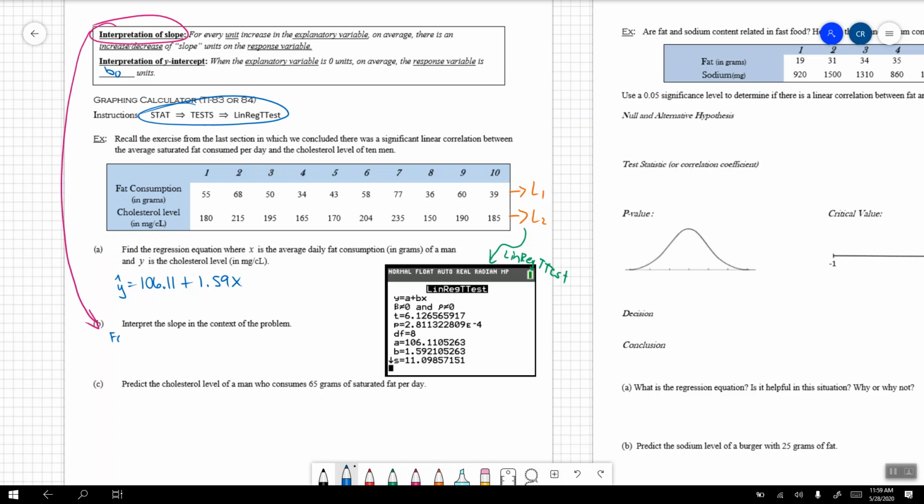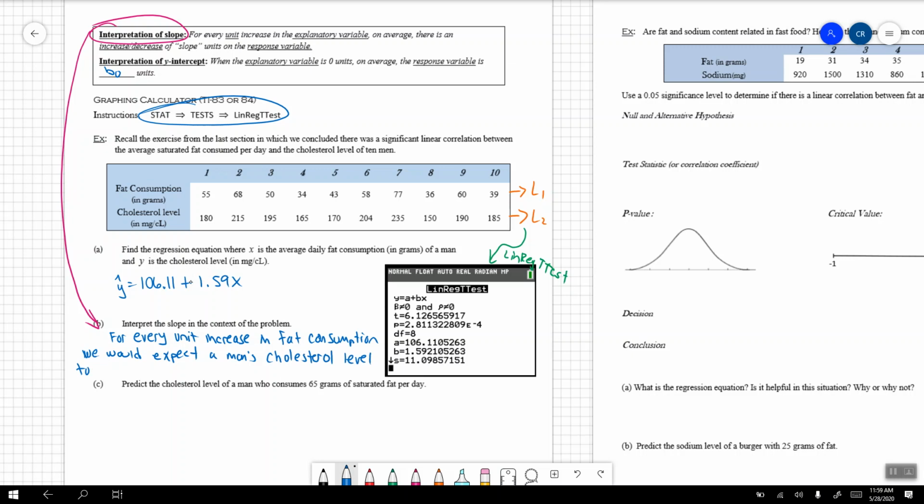We're going to start by saying, for every unit increase in the explanatory variable, fat consumption, we would expect a man's cholesterol level to, and then look at your slope.